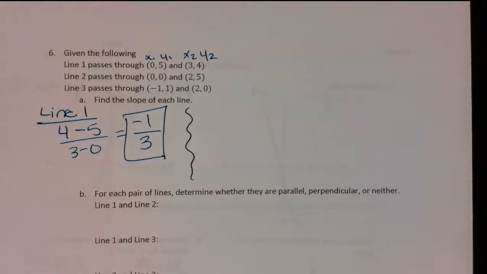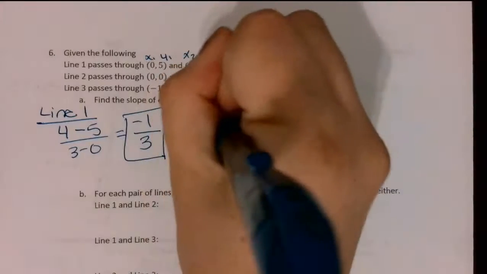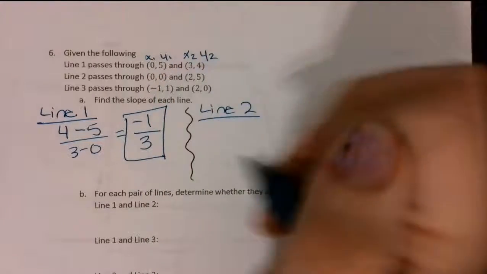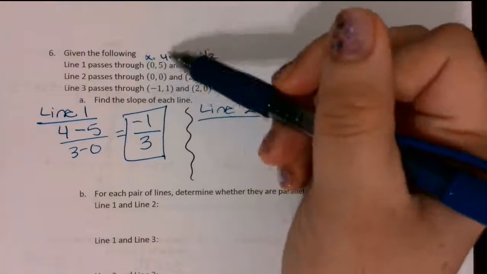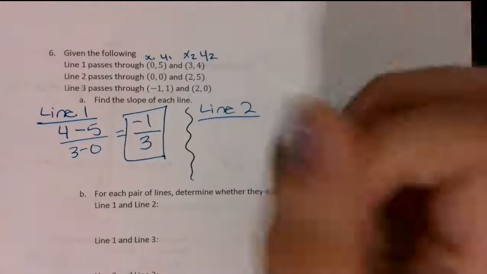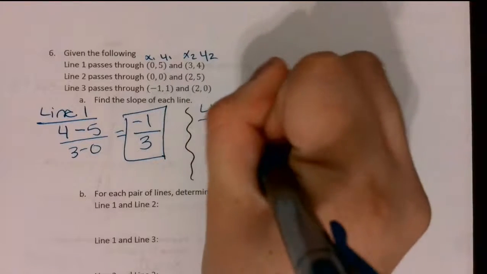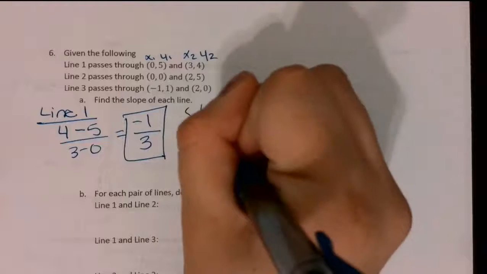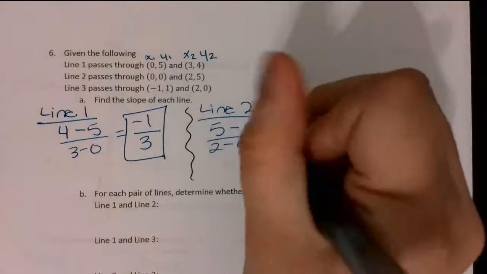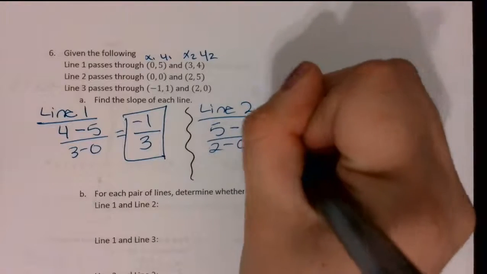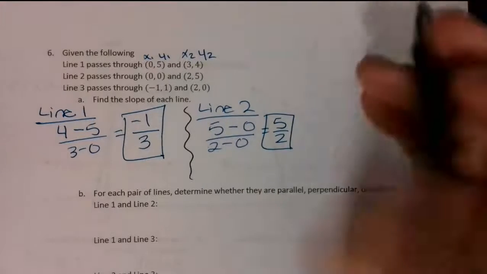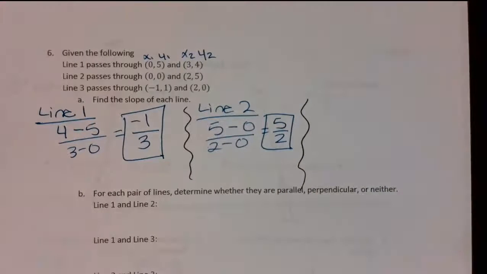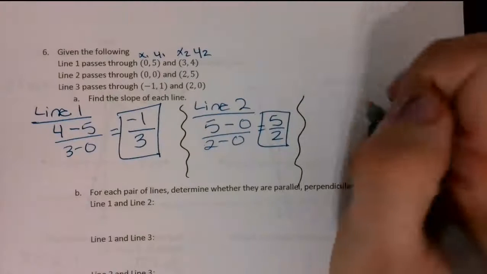Okay. I'm going to go ahead and do the same thing for line 2. I'm going to keep these the whole way down, so this is all going to be my x1s, y1s, x2s, y2s. So I have 5 minus 0 on the top, 2 minus 0 on the bottom, which just gives me 5 halves. Then I'm going to do the same thing for line 3.